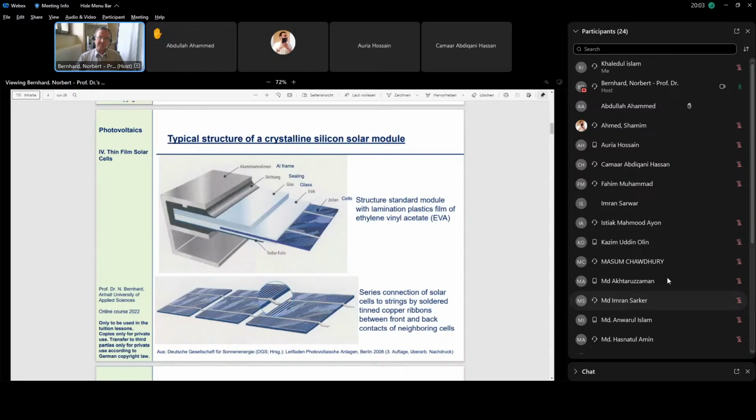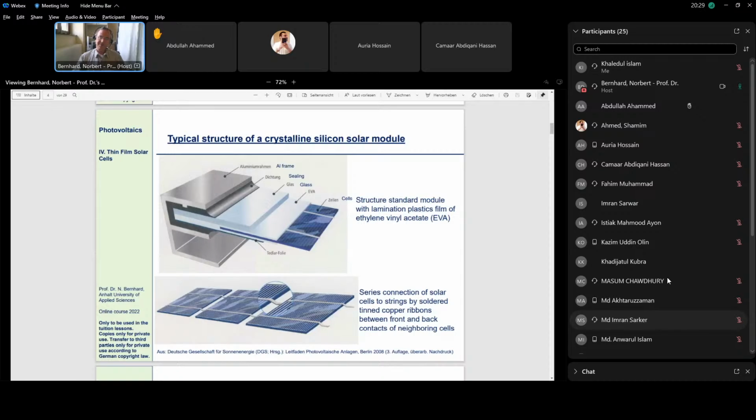And then the standard module on the front side has a glass pane. It's a special glass. This glass is highly transparent. That means it has a higher transparency than, for example, ordinary window glass, which is reached by using special sands with a very low iron content.